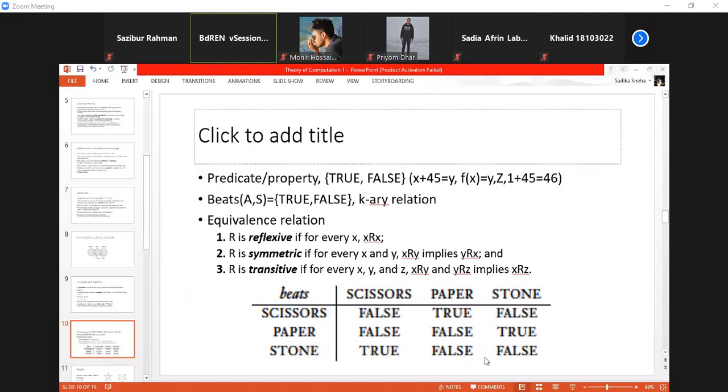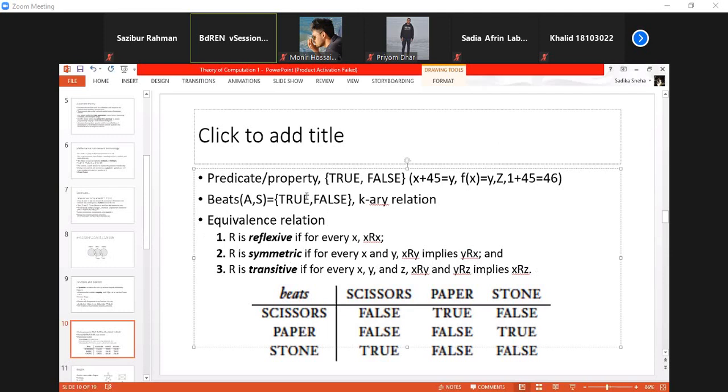This relation captures the notion of two objects being equal in some feature. A binary relation R will be an equivalence relation if it satisfies the three things mentioned below.